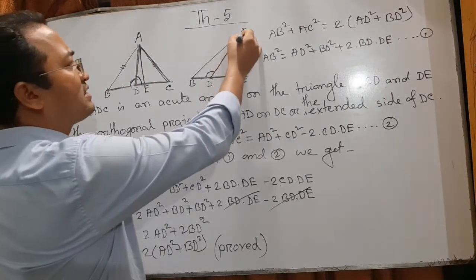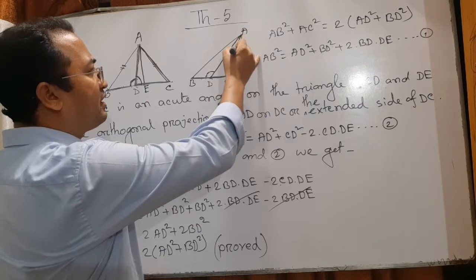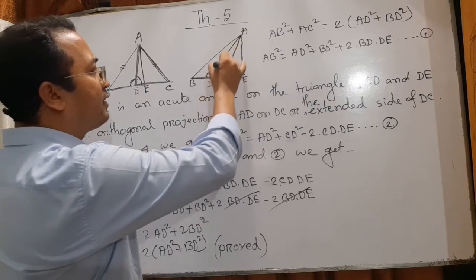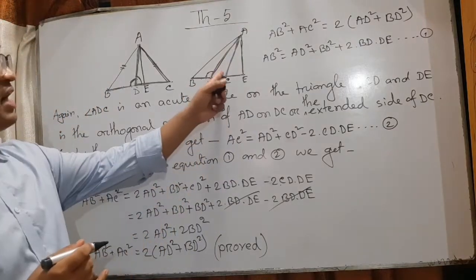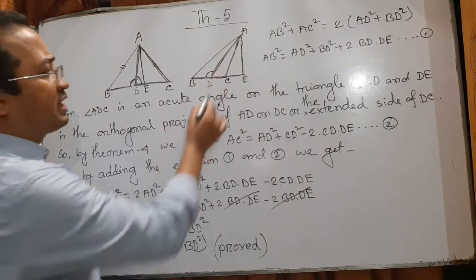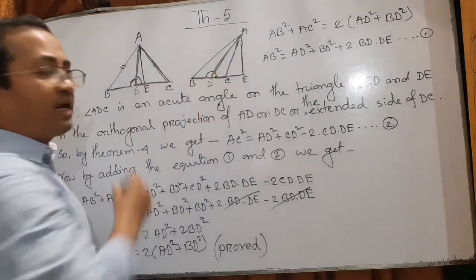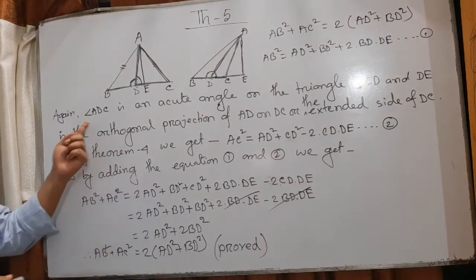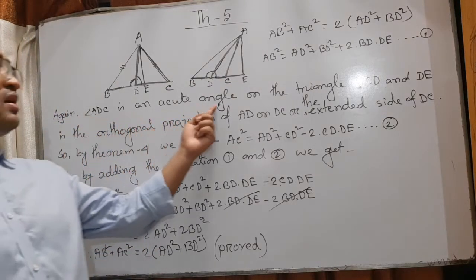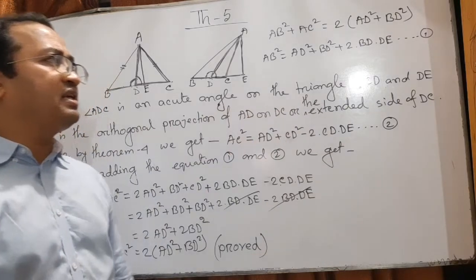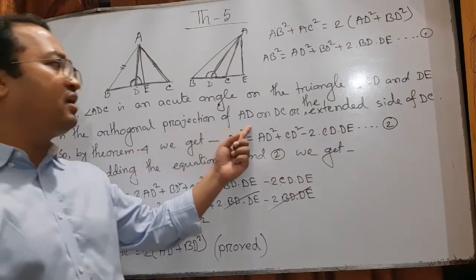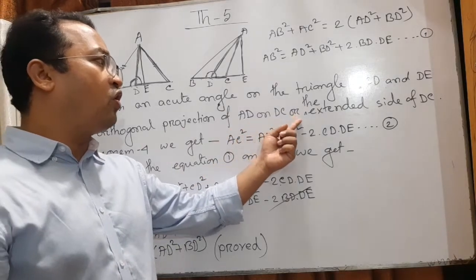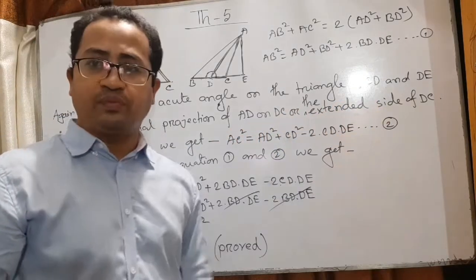So ADC is an acute angle in the triangle ACD, and DE is the orthogonal projection of AD on DC or the extended side of DC.